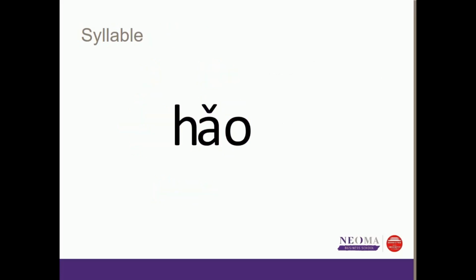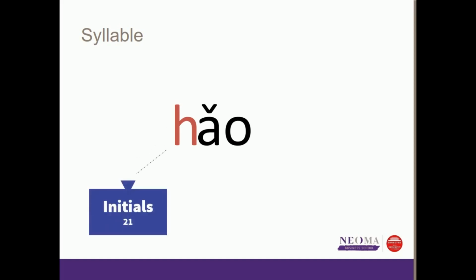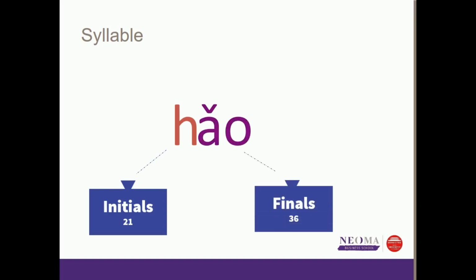This is a syllable, and one syllable is composed of three parts. First, the right part, we call it the initials. In Chinese, we have 21 initials. Second part, we call it the finals.